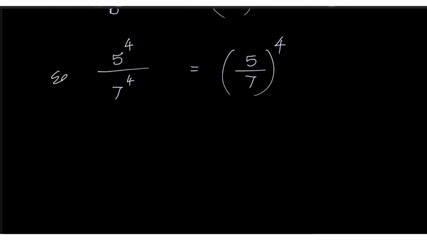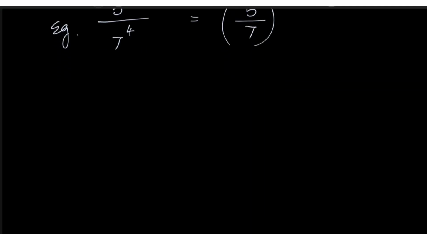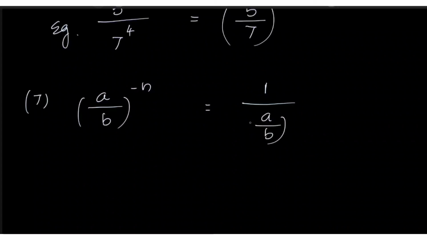This is an example. And the seventh law is a by b raised to minus n. It is equal to 1 by a by b raised to n.